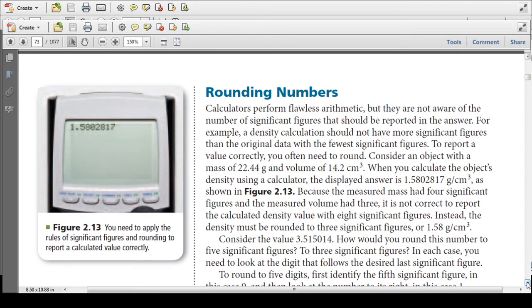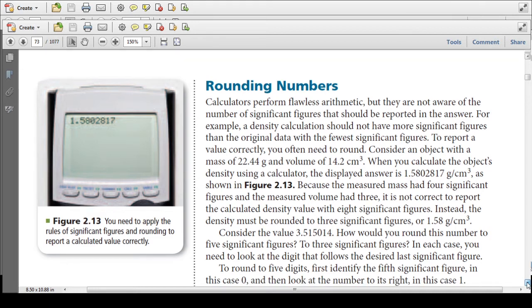Rounding numbers. Calculators perform flawless arithmetic, but they are not aware of the number of significant figures that should be reported in answers. For example, a density calculation should not have more significant figures than the original data with the fewest significant figures. To report a value correctly, you often need to round. Consider an object with a mass of 22.44 grams and a volume of 14.2 centimeters cubed.